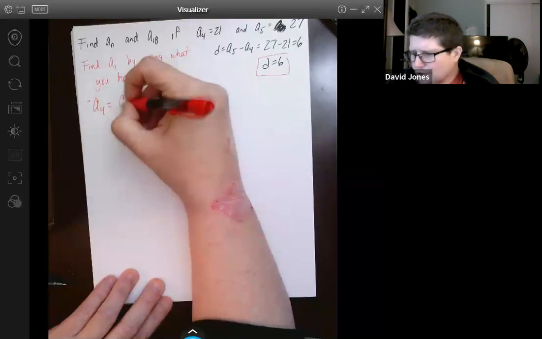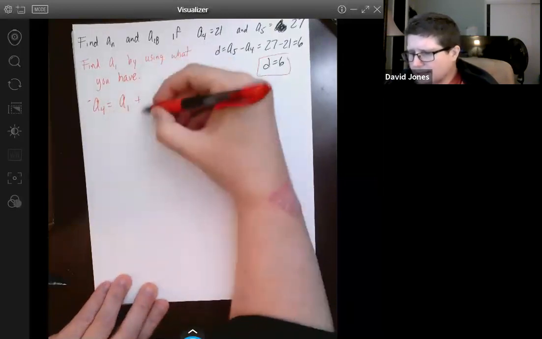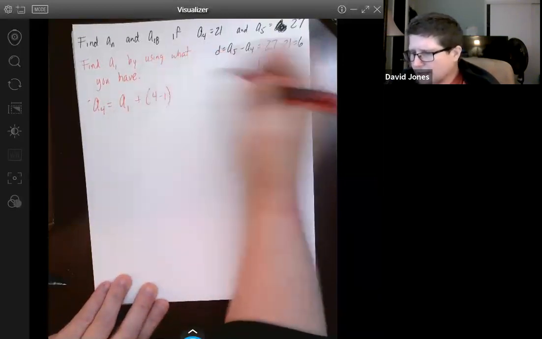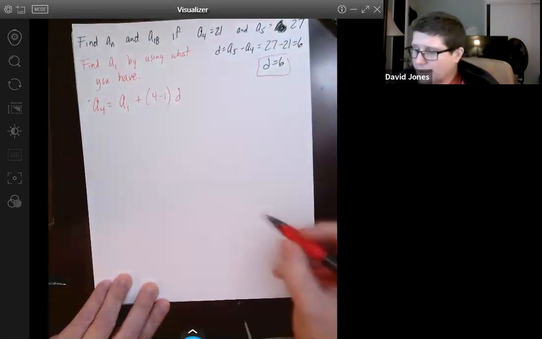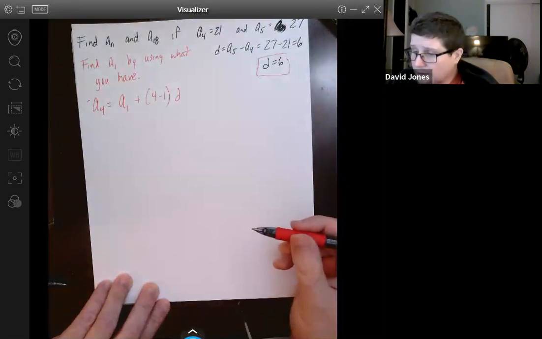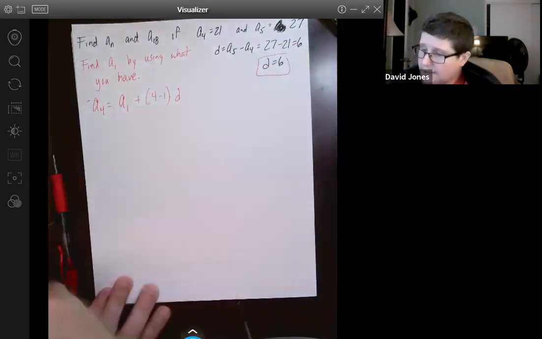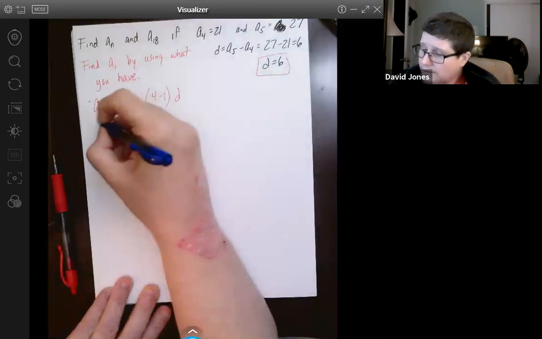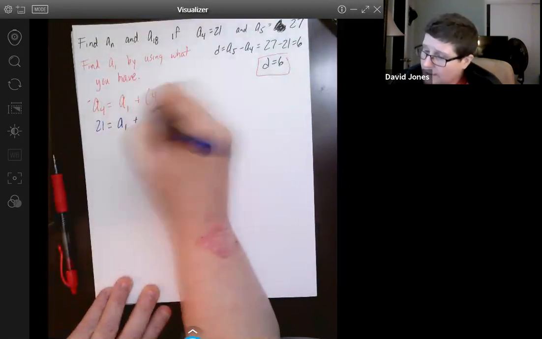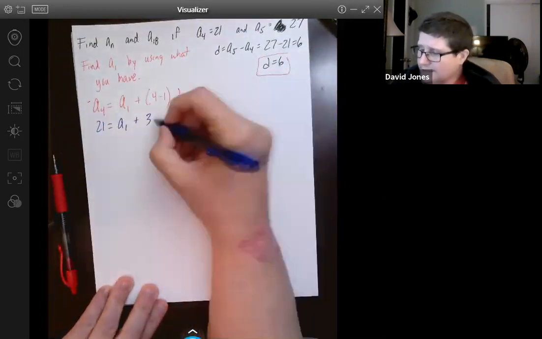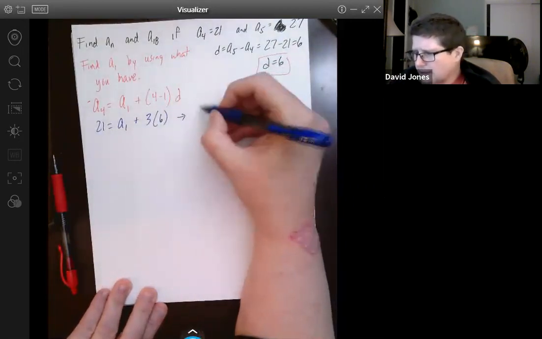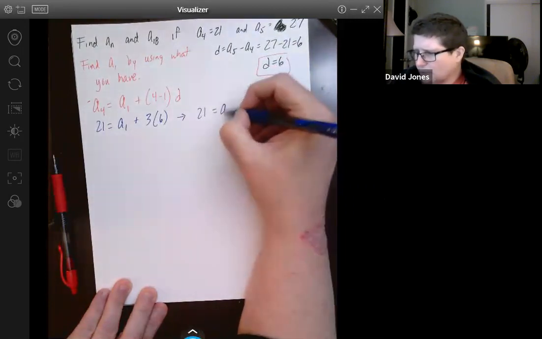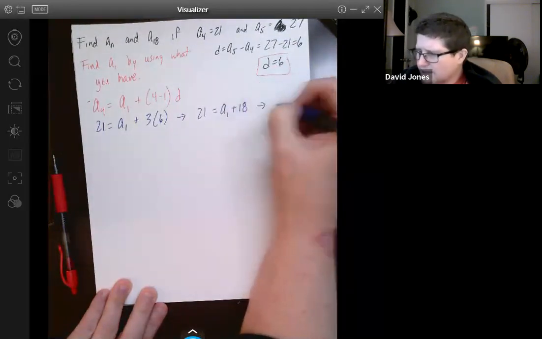But a sub 4 should equal a sub 1 plus 4 minus 1 times d. And if we plug in what we know, a sub 4 is 21, plus 4 minus 1 is 3, times d is 6. 21 equals a sub 1 plus 18, so a sub 1 equals 3.